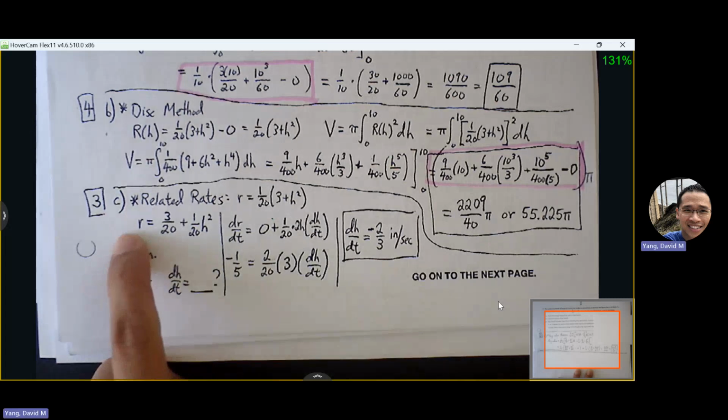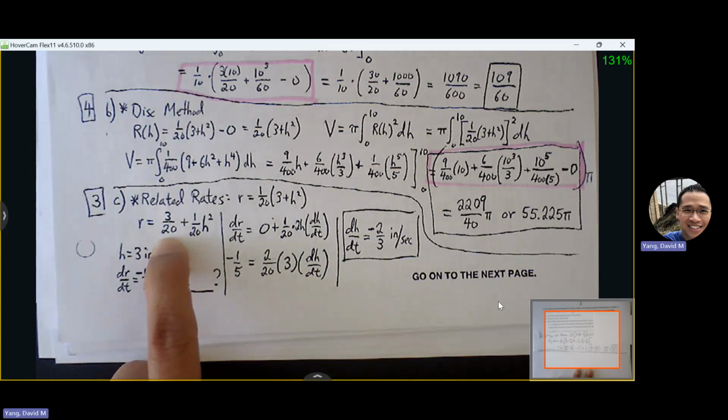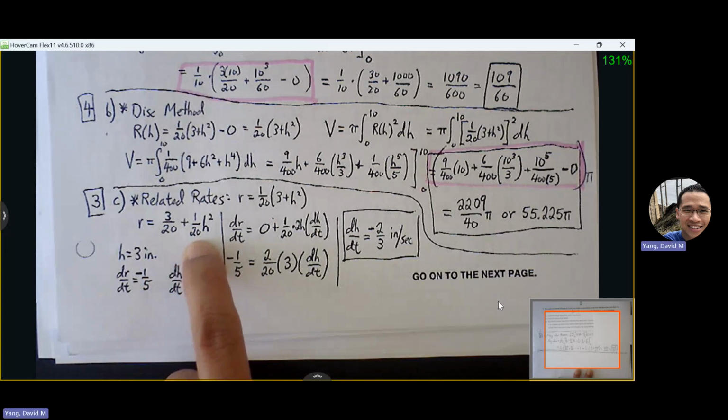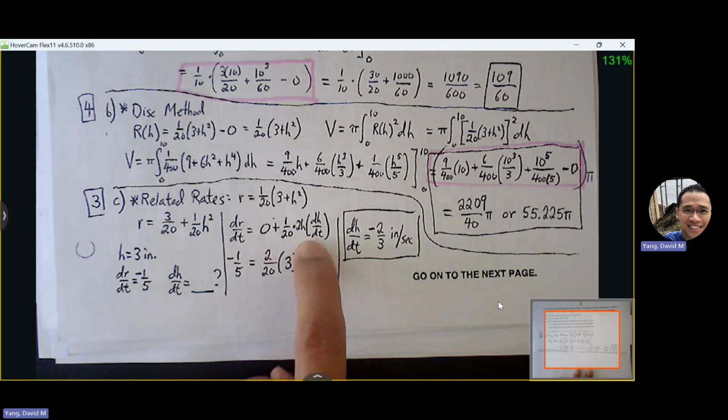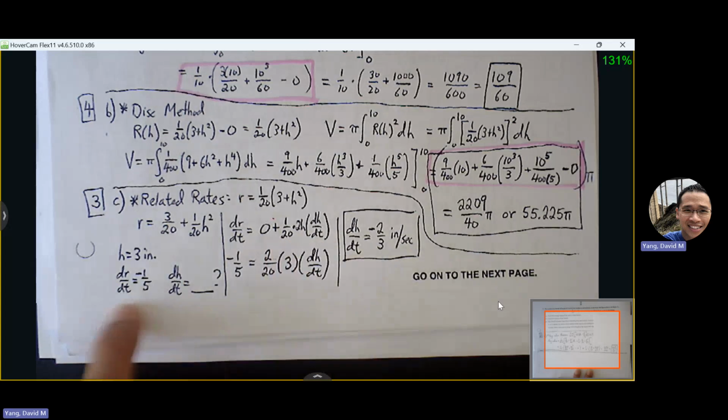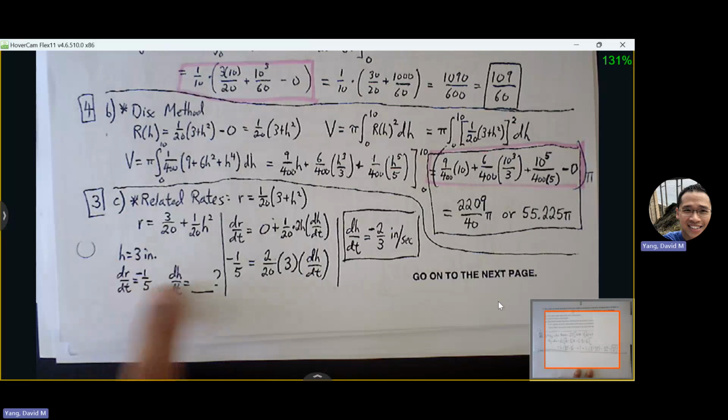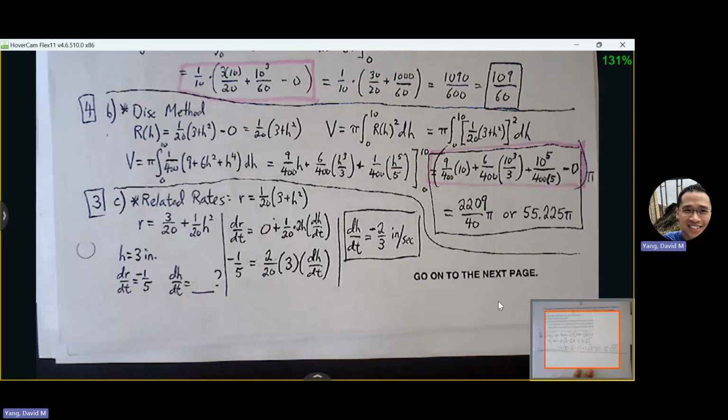So r becomes dr/dt. The 3/20 will go to 0. The 1/20 h squared will become 1/20 times 2h times dh/dt. Then we take all the information they give us, plug in, and solve for dh/dt.